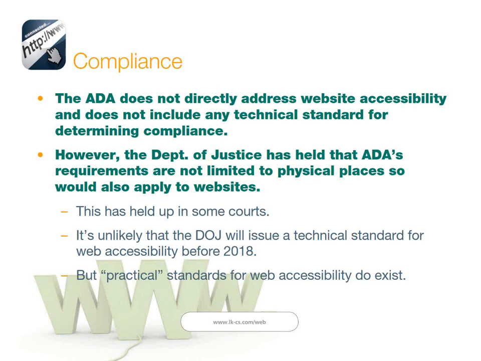But all of the pundits, all of the different sources of information that I follow and that I've read have indicated that the Department of Justice will issue some kind of standard and make this some kind of true compliance requirement or a law sometime in 2018. It's important to note, though, that there are practical standards for web accessibility today that we can follow.